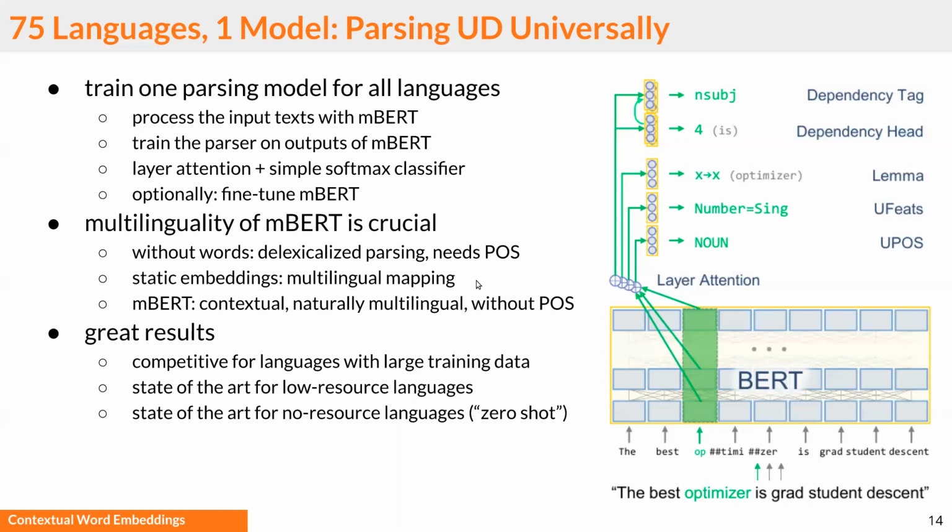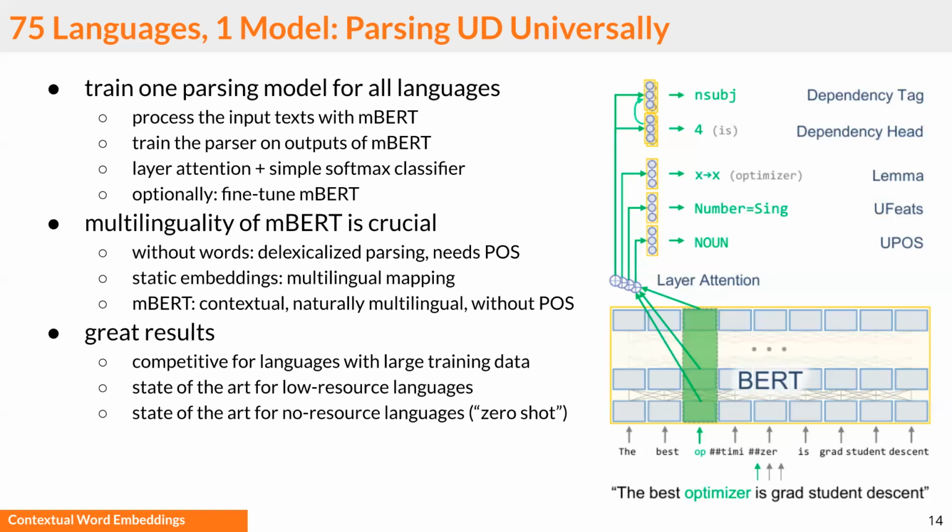And we've seen the static embeddings, which you can map multilingually. So you can get rid of some of the limitations, but they are still not contextual, and you have to do some extra work. And with mBERT, you get beyond the static embedding. So they're not static anymore, they are contextual already. And you don't have to do any mapping because they're multilingual just by themselves.